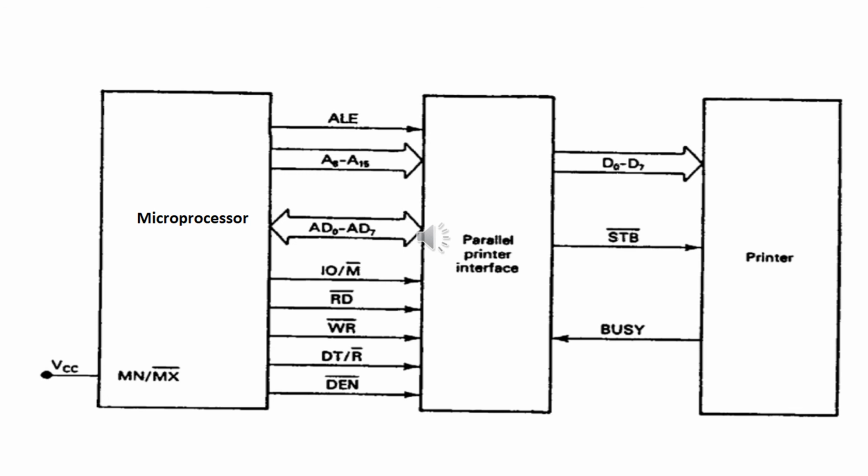IO and memory are again connected to PPI, indicating whether the data from memory is to be printed or from the input type devices. Similarly, read, write, DEN and DT are also connected to PPI. And from PPI, the data lines, that is D0 to D7, are connected to the printer. Strobe is connected to the printer and the output from the printer, that is the busy signal, is also connected to the PPI. Just go through this diagram again and try to understand it.